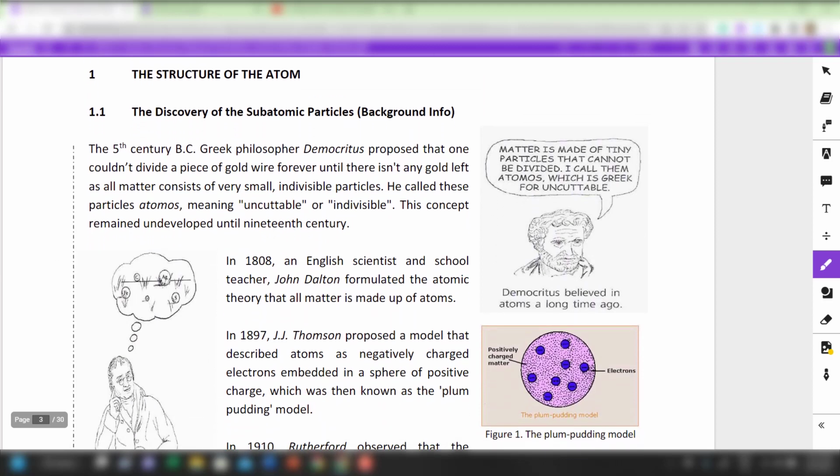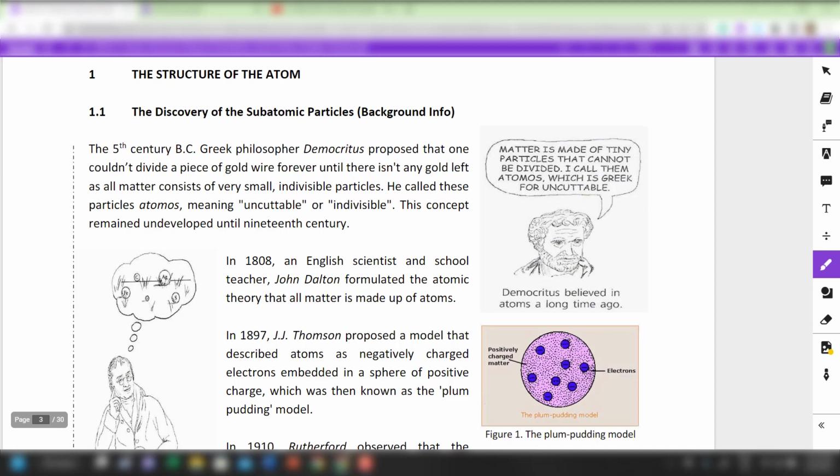Okay, but quite a number of the content in at least the first 2 sections of this chapter, you already know quite a bit of them, so I will not go into details. So for example, for 1.1, this is a background reading for you on the discovery of subatomic particles.